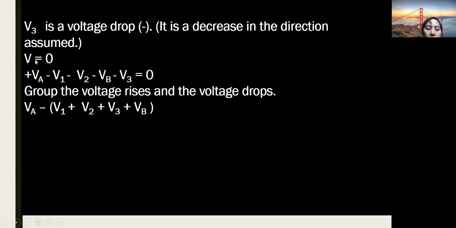So the sum of voltages is equal to 0. Positive VA minus V1 minus V2 minus VB minus V3 is equal to 0. So group the voltage rises and the voltage drops.